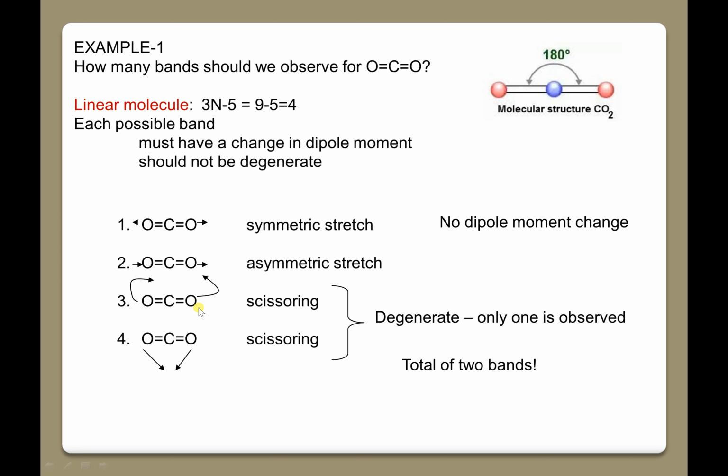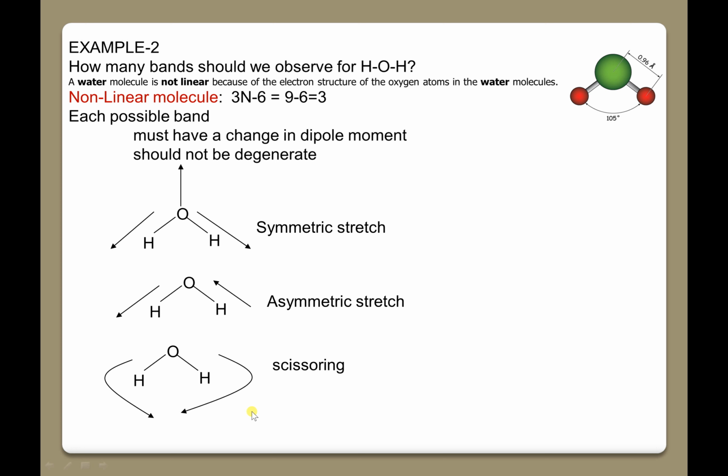This is scissoring, that is carbon is coming to this side and oxygens are going inside the plane, and this is the opposite scissoring, that is out of the plane. So you get 2 more bands. These 2 bending vibrations you can call scissoring, and the stretching ones are symmetrical and asymmetrical. So 4 bands, and that is also through calculation.